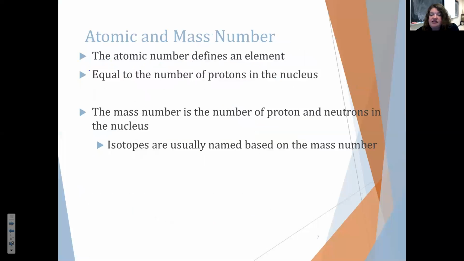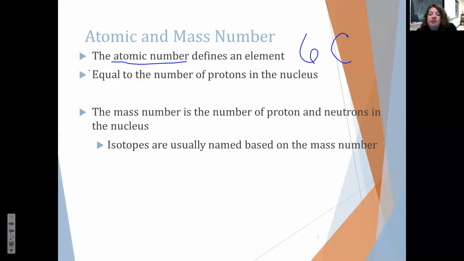Couple of other pieces of information to look at. The atomic number. We saw that in that other figure, and we're going to go back to that figure in just a second. The atomic number defines an element. Anywhere you go in the universe, if you find an atom and you give it the atomic number of 6, it's going to be carbon.